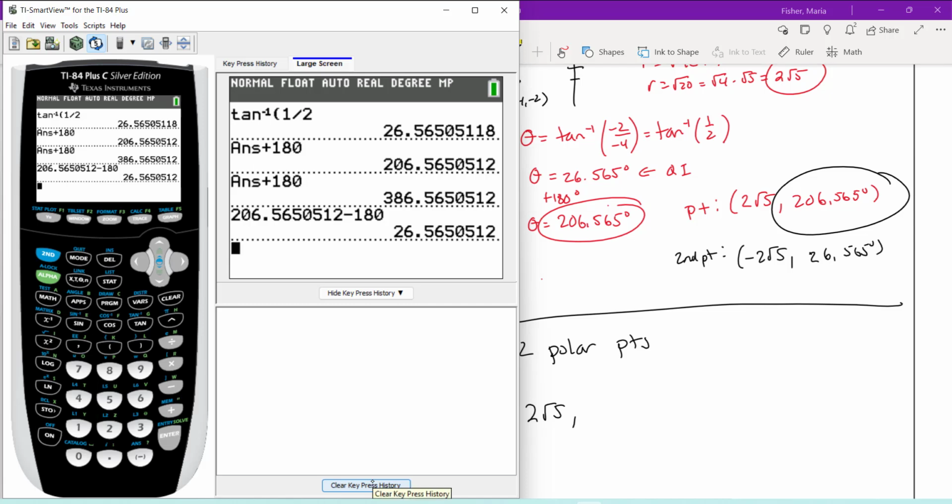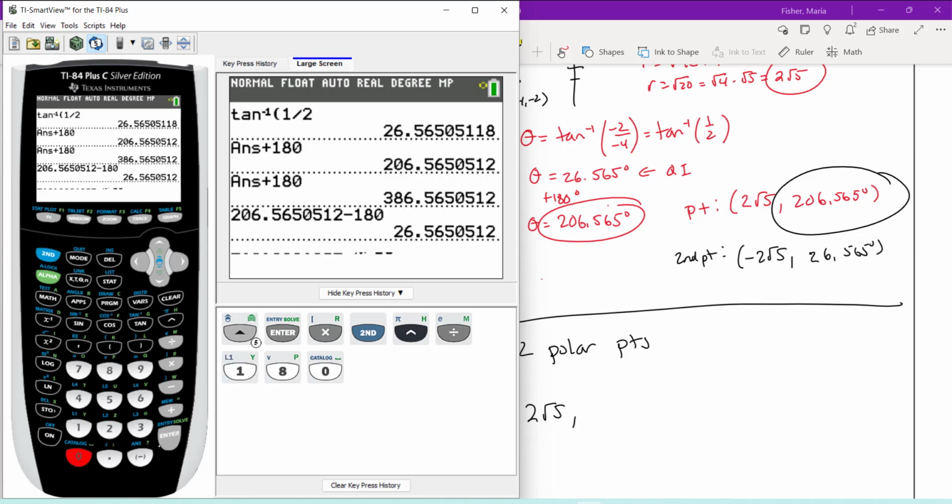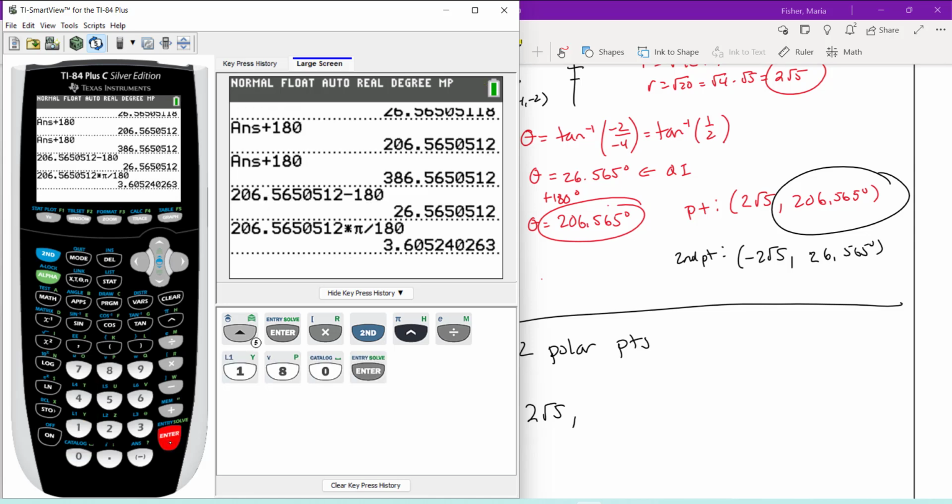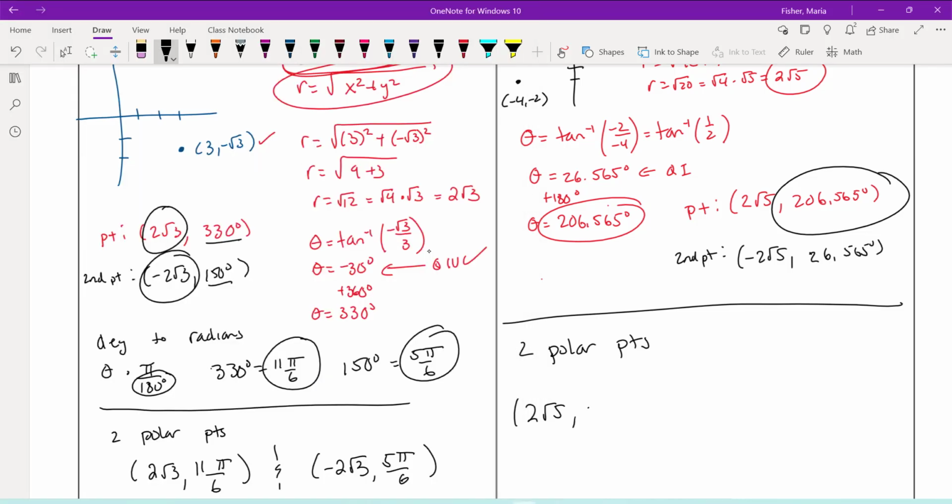Here, if I take 206.565 and I multiply it by pi and divide it by 180 to convert it to radians, I end up with 3.605 radians. So one point is 2 square roots of 5 and 3.605 radians. The second point is negative 2 square roots of 5.